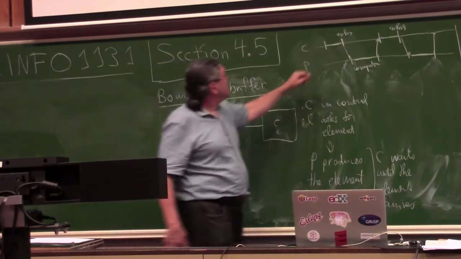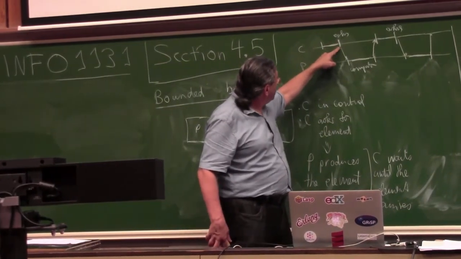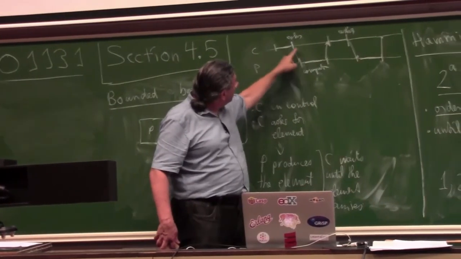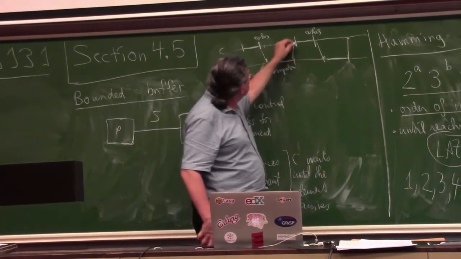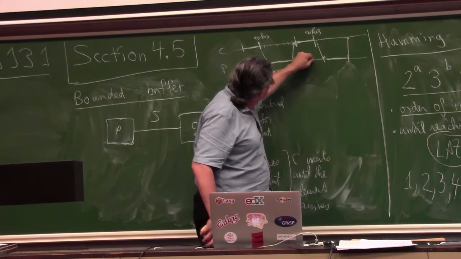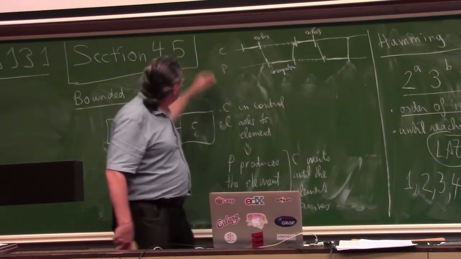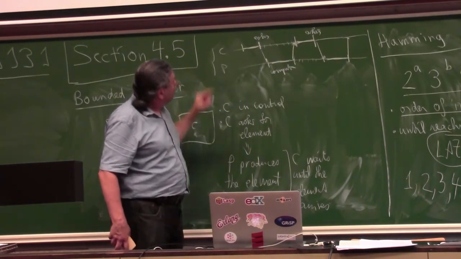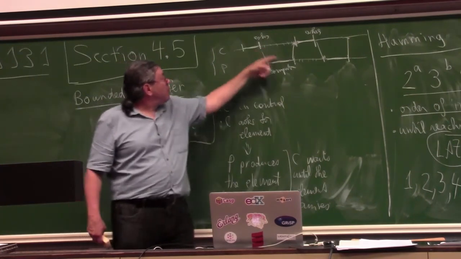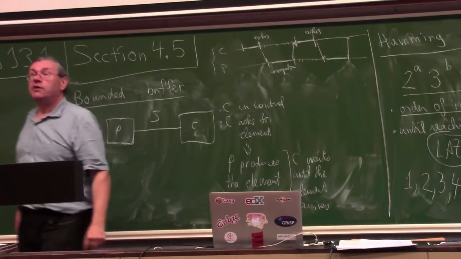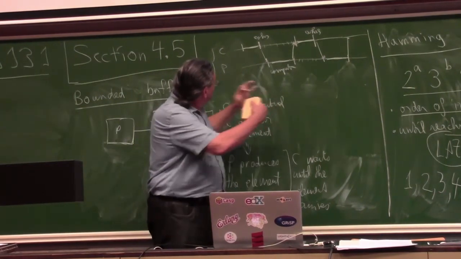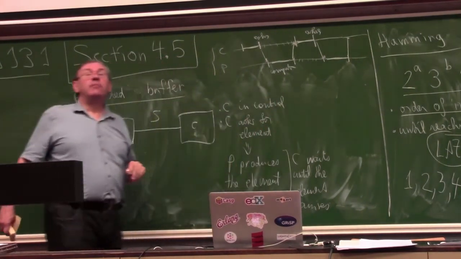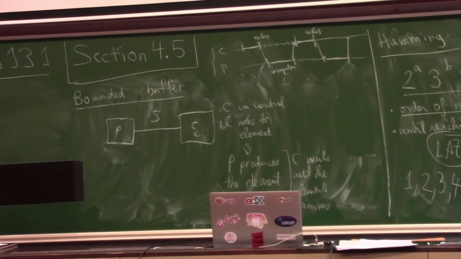C does something, asks for an element, but while P is computing the element, C is not doing anything. And while C is computing, P is not doing anything. So if these are running on two different processors, it's kind of a waste. It's slowing things down. Maybe we can make things go a little bit faster.